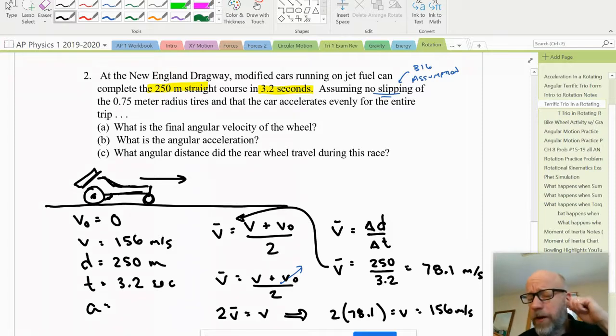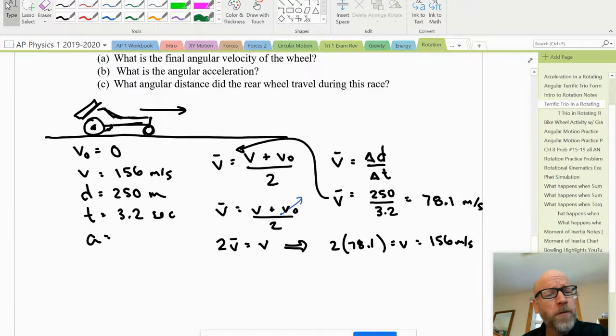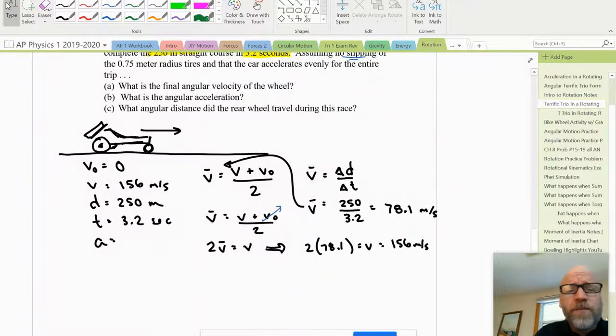Could I have done that another way? Of course I could have. You always can with these terrific trio. So what am I trying to find again? Oh yeah, what is the final angular velocity? Well, to find the final angular velocity, the relationship I know between linear and angular is v equals r omega.